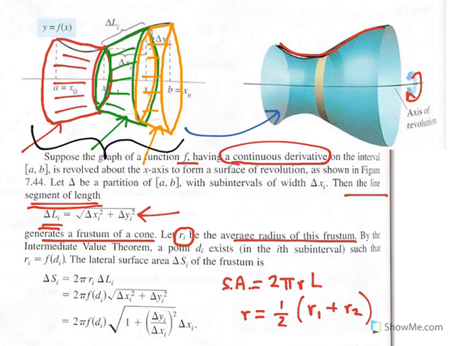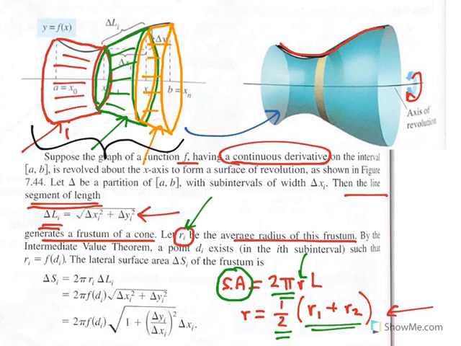We need that because in the pre-calculus formula, the lateral surface area of a frustum of a right circular cone is given by 2 pi, which is a constant, times r, and r is what we're talking about here. It is the average of the smaller and the larger radii of the frustum. So that's why we say here, let r sub i be the average radius of the ith frustum.